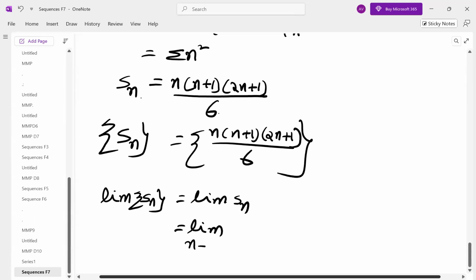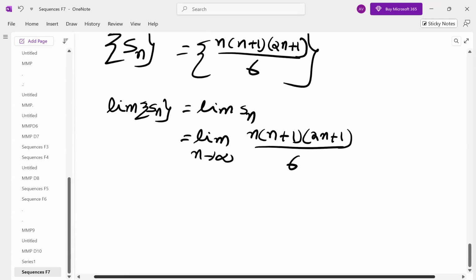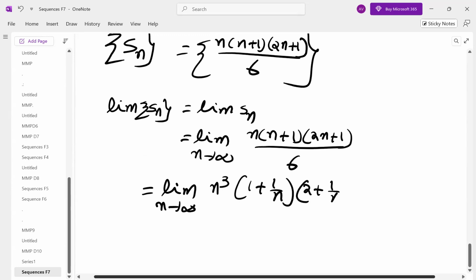So limit n tending to infinity n into n plus 1 into 2n plus 1 by 6. Taking n common, n cube. As n tends to infinity, this is infinity, 1 plus 0, 2 plus 0.